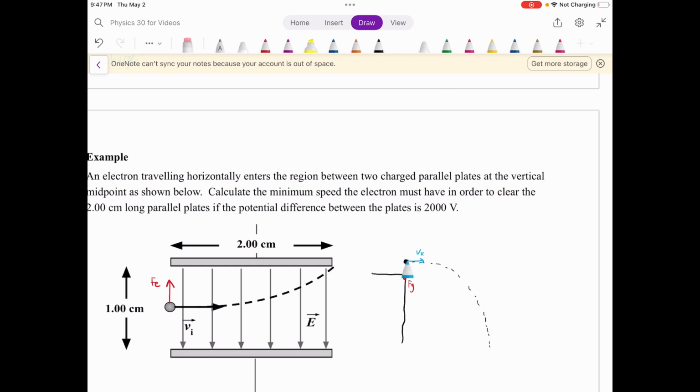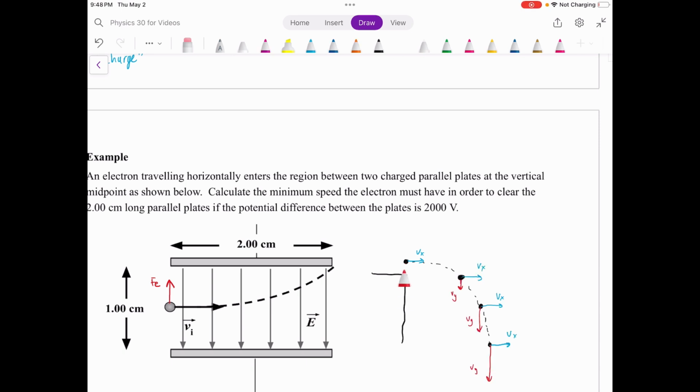Its vertical velocity changes for sure, but there's no force acting on it horizontally, so there's no horizontal acceleration, and so its initial velocity in the x-axis is the same the entire time, right? What the ball does do is get faster and faster downwards because of acceleration due to gravity.